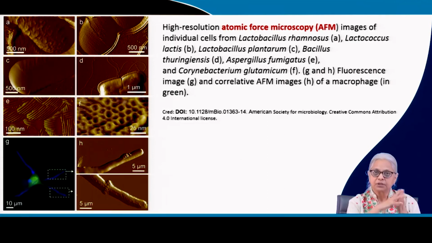So it takes a combination of 2 or 3 methods to understand more about any particular species. So these are atomic force images. Then we have a fluorescence microscope image and another correlative AFM image of a macrophage.